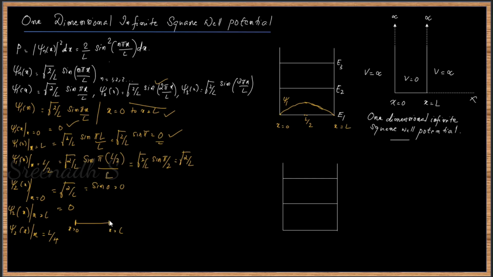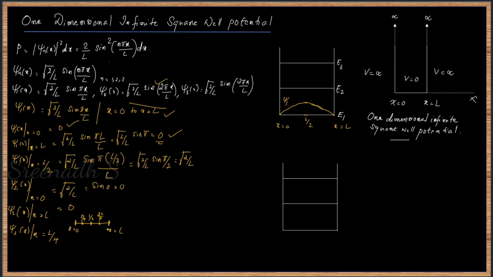So L by 4, then this is L by 2. Each segment has a width of L by 4. L by 2 plus L by 4, what will it be? 3 L by 4, right? And then 3 L by 4 plus L by 4 is equal to L, that is 4 L by 4, right? So this is the case.